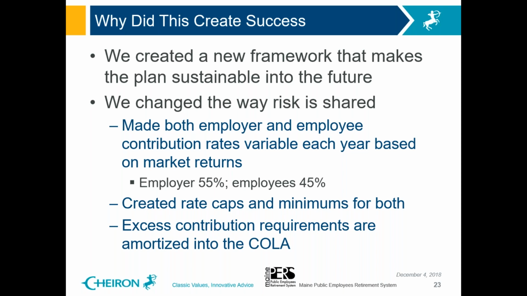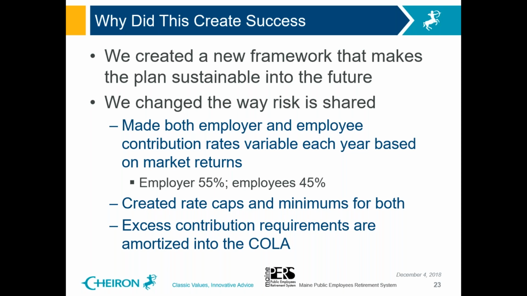And what this does is, in bad times, the rates can go up to the cap, but everybody knows they'll stop. And in good times, you get two benefits. The rates only go down to what the actual required contribution would be, or the normal cost. But employees get to share in the good times now as well as the bad.